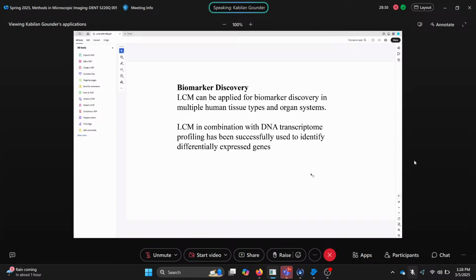Laser capture microdissection can be applied for biomarker discovery in multiple human tissue types and organ systems. LCM in combination with DNA and transcriptome profiling has been successfully used to identify differentially expressed genes in cancer cells.